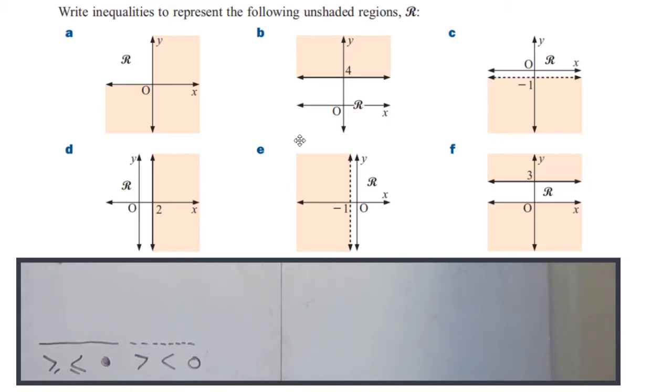Okay, so now we know that. Let's start with part A. We want to know a set of rules where we can be in this region. So if you look at it, I'm outside of the region here, and my x value is positive. Once we get to the line and beyond, we're in the region.